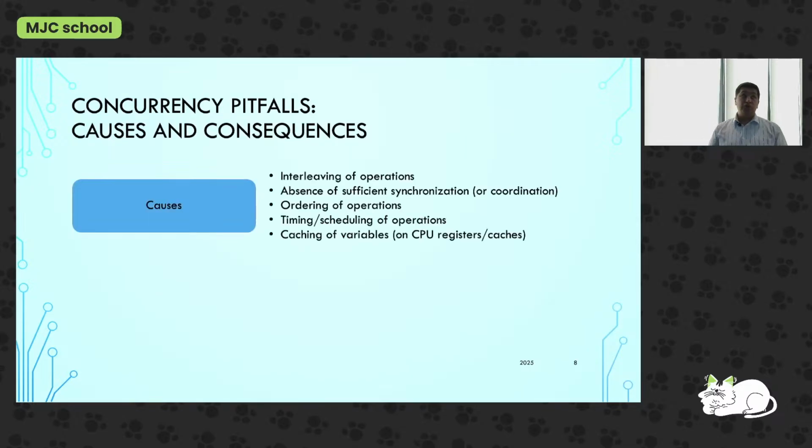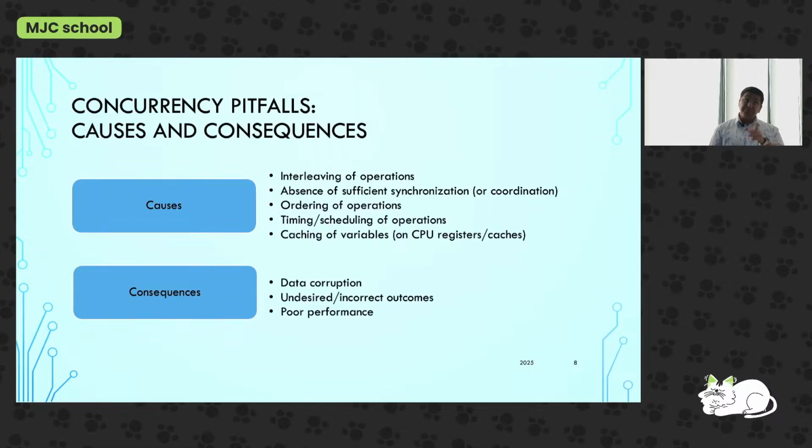For those pitfalls, we have some fundamental causes and consequences. Data corruption, undesired incorrect outcomes, and performance problems all come from causes such as interleaving of operations, absence of sufficient synchronization or coordination, ordering of operations, timing or scheduling of operations by the JVM and the operating system, and caching.